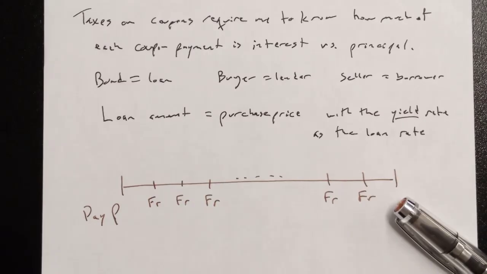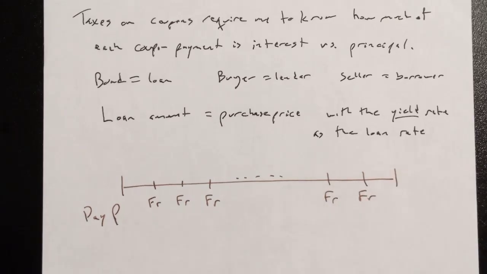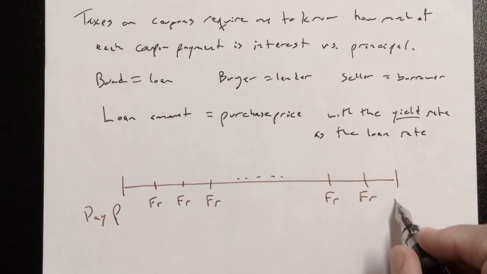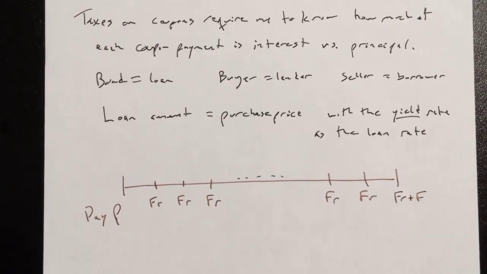So I get a coupon, but I also get the face value back. So I end up with a different payment here. This is the downside to a bond payment because it's not level payment. I like level payment annuities. Level payments are easier, but this one isn't.